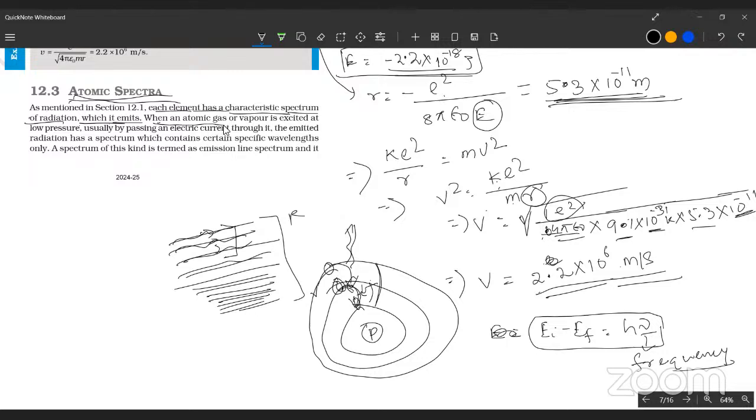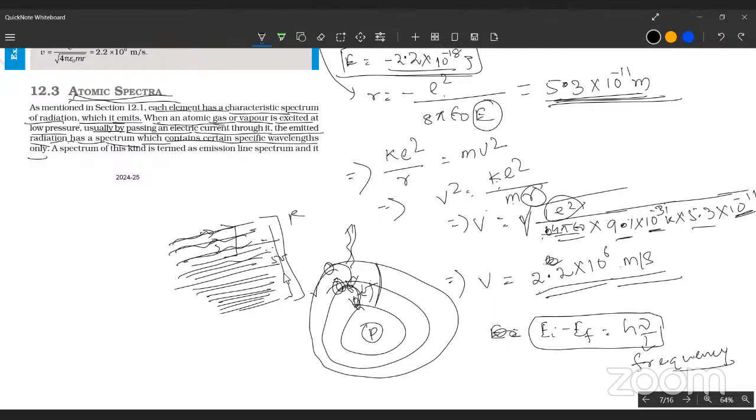When an atomic gas or vapor is excited at low pressure, usually by passing an electric current through it, the emitted radiation has a spectrum which contains certain specific wavelengths only. Let's say at a particular 500 nanometer, 600 nanometer, 700.